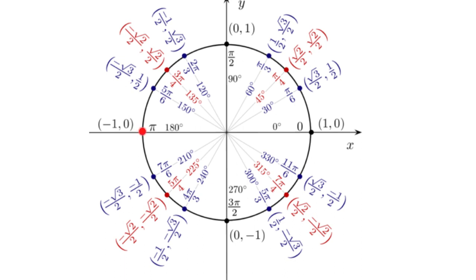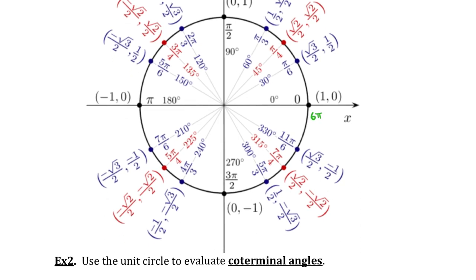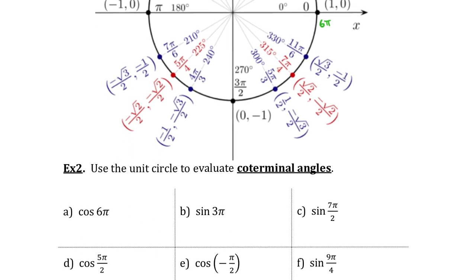I want to go 6 pi. Let me start again. So this is 1 pi, 2 pi, 3 pi, 4 pi, 5 pi, 6 pi. So if I go 6 pi, I actually end up way back at 0. So now let me answer the question about the cosine of 6 pi. Cosine is the x-coordinate, so 1.